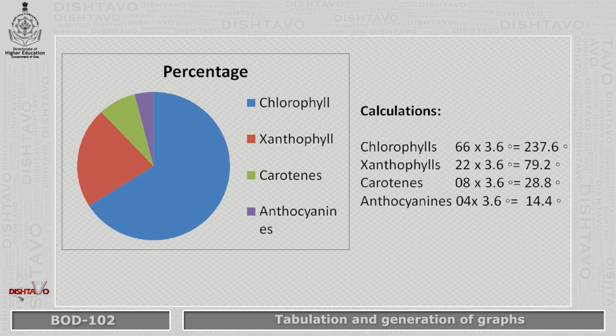So in calculations, you can see that chlorophyll content will be multiplied, which comes to 237.6 degrees, xanthophylls will be 79.2 degrees, carotenes will be 8 into 3.6 degrees, that comes to 28.8 degrees, and anthocyanins will be given as 14.4 degrees. So this is the data which is presentable when you present it in a pie chart form.